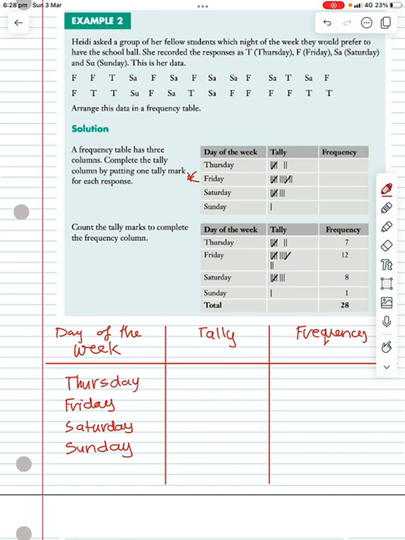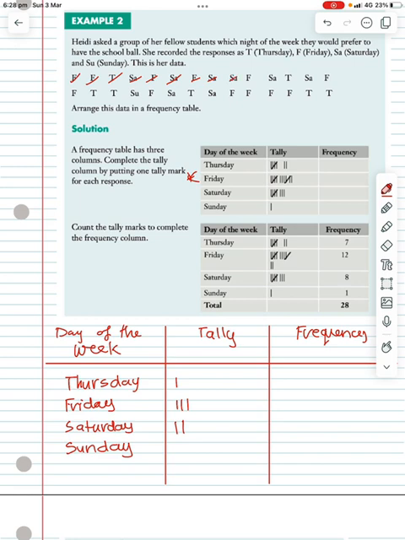So I'm going to work through this data. I've got Friday, Friday, Thursday, Saturday, Friday, Saturday, Friday, Saturday. That's 2 Saturdays in there.